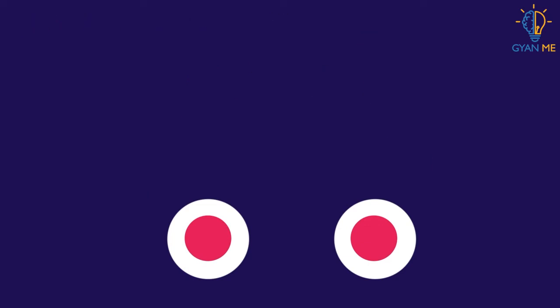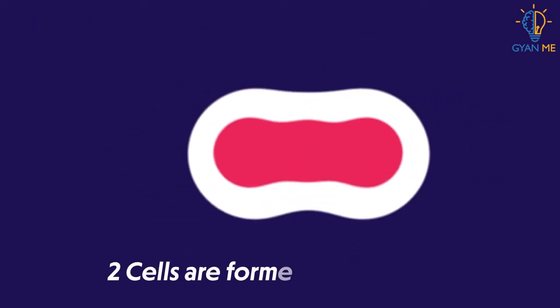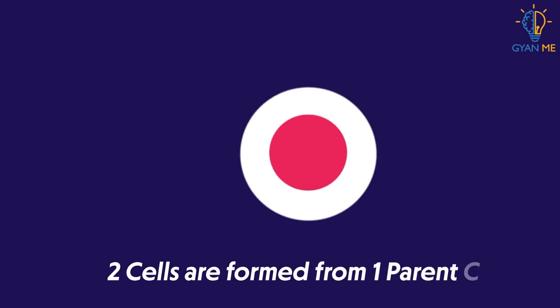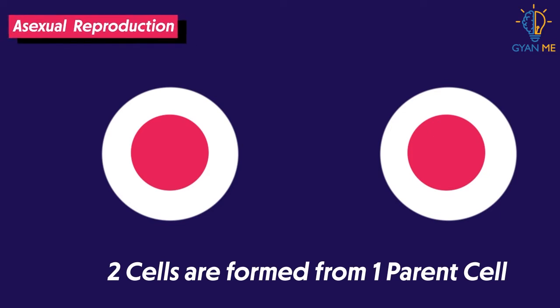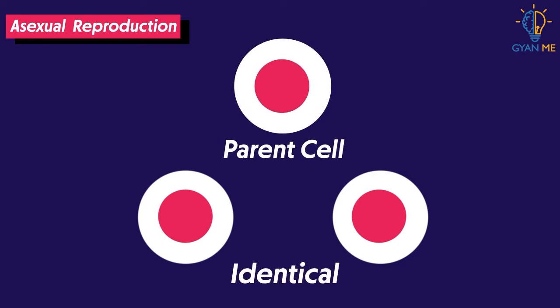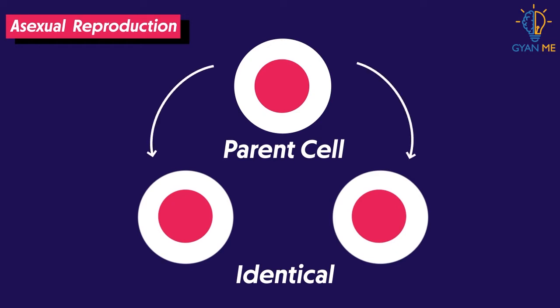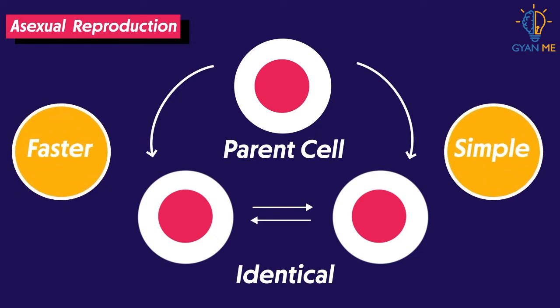Now you can observe here that two new cells formed from one single parent. Yes, exactly, that is what I said. For an asexual mode of reproduction, only one parent is required. And so, the new cells formed are exactly identical to the parent cell and also to each other. It is also faster and simpler than sexual mode of reproduction.